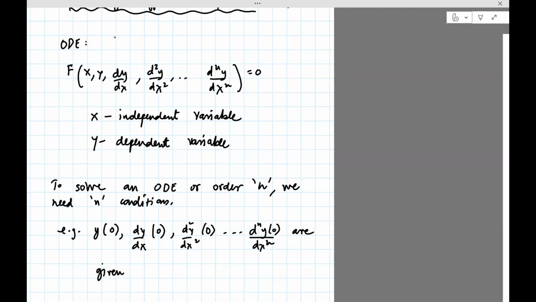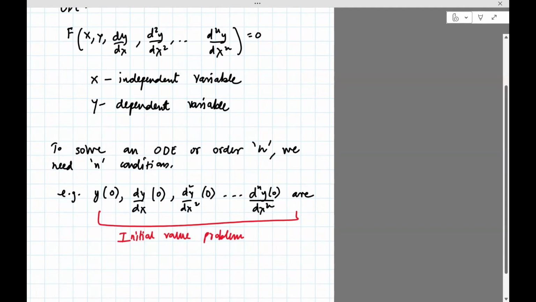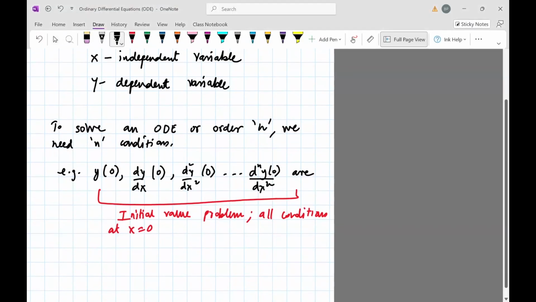Now it turns out that there are two types of ODEs. This one would be what they call an initial value problem, because all the conditions are given at x equals 0. There's another type of problem called a boundary value problem, where some of these conditions may not be given at time t or x equals 0.